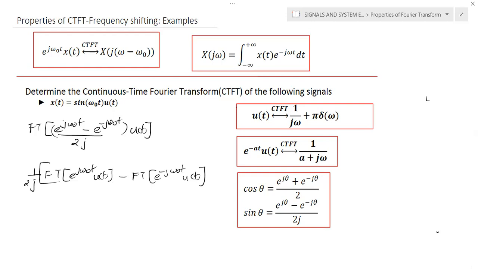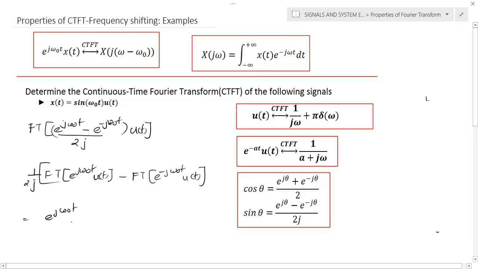In the same way you can approach. If you expand this expression, e raised to j omega 0 t into u of t we already got: the expression is simply 1 by j(omega minus omega 0) plus pi into del of omega minus omega 0.